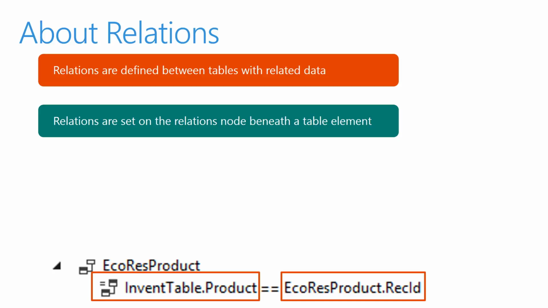Then we have a customer group table, which may have a list of customer account numbers in one column and then their corresponding customer groups in another. We can relate these tables on the customer account number so that when we perform lookups on customer account number in the customer group table, we get details from the customer table.